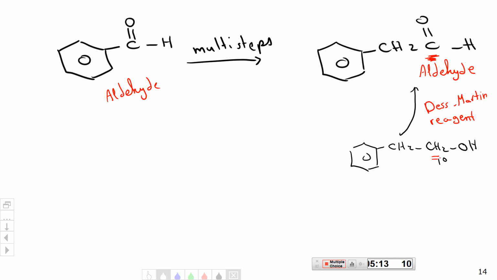Now, to prepare alcohols in general, we usually do that by the hydration of an alkene. So if I have an alkene, I hydrate it, I can break the C double bond C, and add an OH and an H.